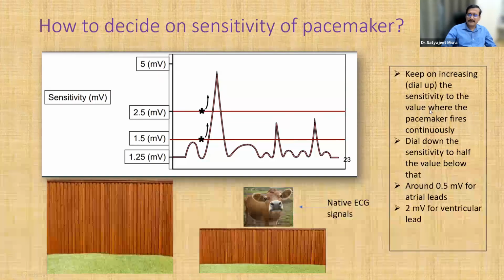So the way to do that is you keep on dialing the sensitivity up, make it asynchronous, so that the pacemaker is the only one that's firing continuously. Then you start reducing the sensitivity to a point where you lose the pacemaker output. At that point, that is the sensitivity from where you reduce it by another half, and you set the sensitivity for the atria to around 0.5 or 0.4 and 2 millivolts for ventricular leads.